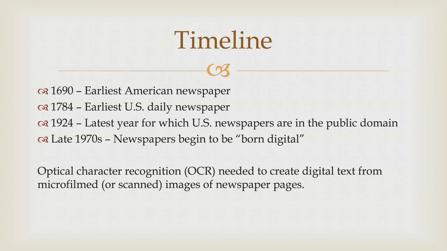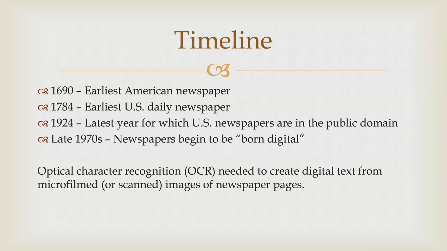So it could be from 1924, but if you're watching this in the next year, it could be 1925 and so on. That means there is no copyright in effect for those newspapers. Anyone can take that content from the newspapers and put it online or do anything else they want with it.